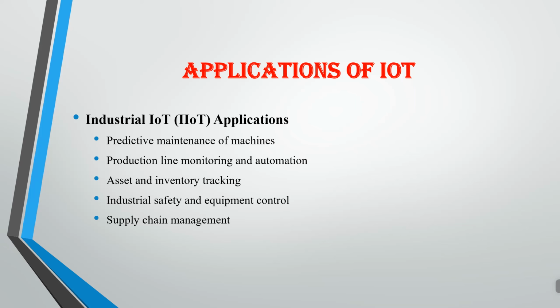So here we could think of predictive maintenance of the machines, like what is the status of the machine, what is the health of the machine, what is the temperature of the machine. We can foresee. Predictive means an automated way of foreseeing what is going to happen if the machine is not properly maintained.